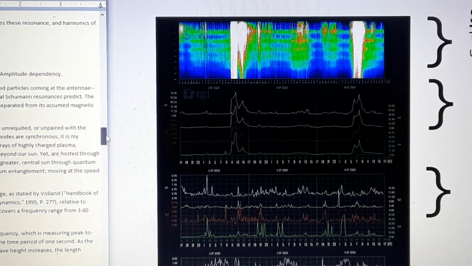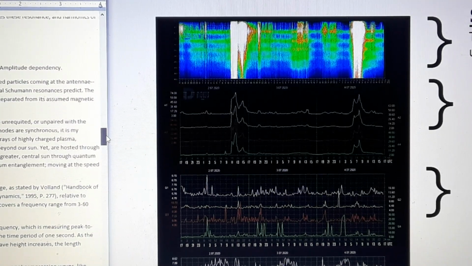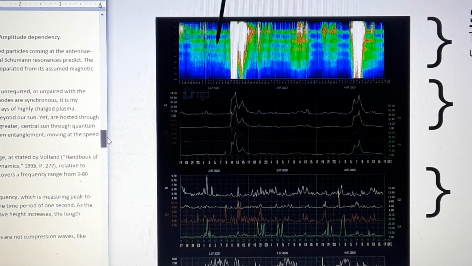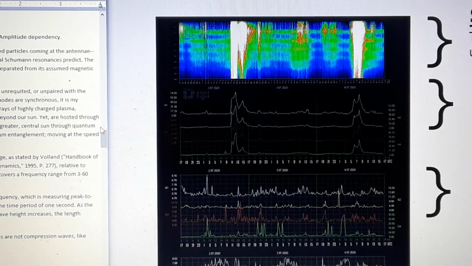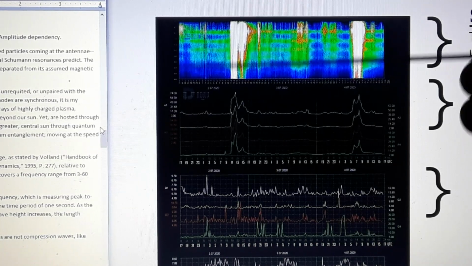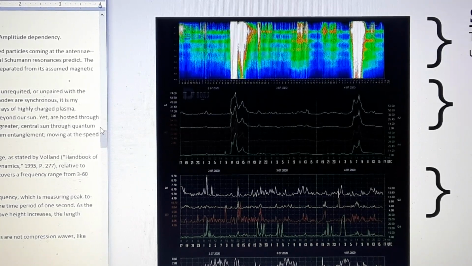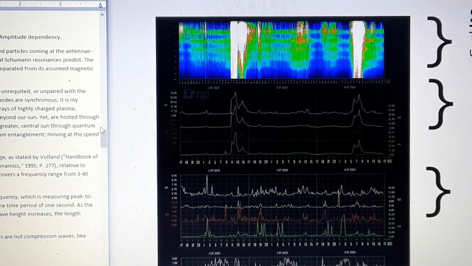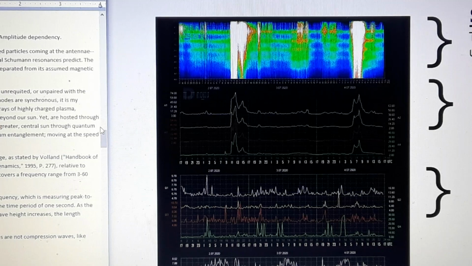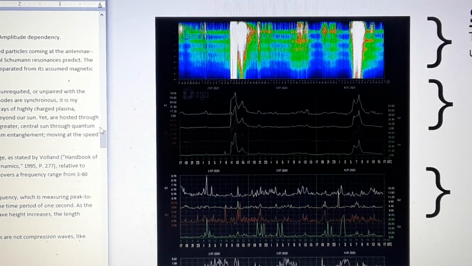All right. So the vertical spikes are the amplitude dependency. These are highly charged particles coming into the antenna, and at this point, all these right here are beyond what traditional Schumann resonances equate, or what they predict should be there, based upon lightning alone.